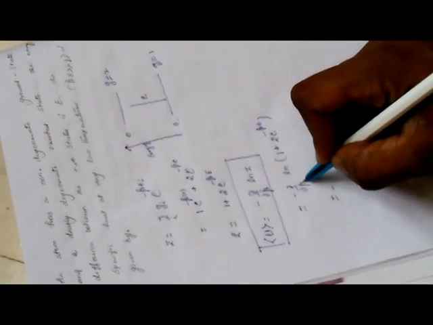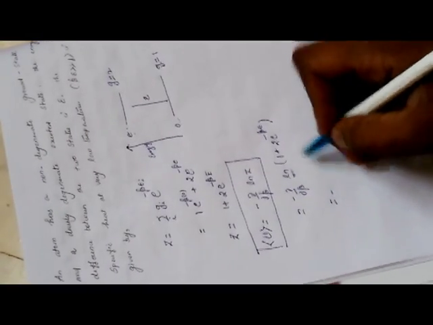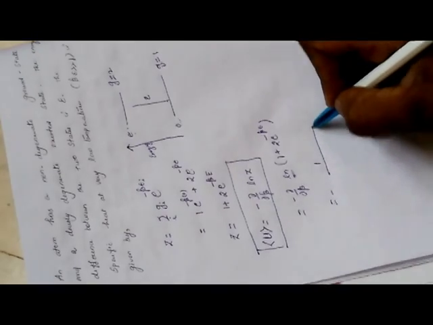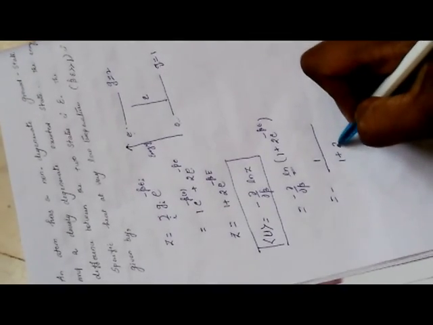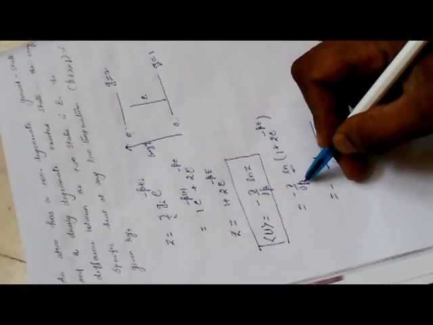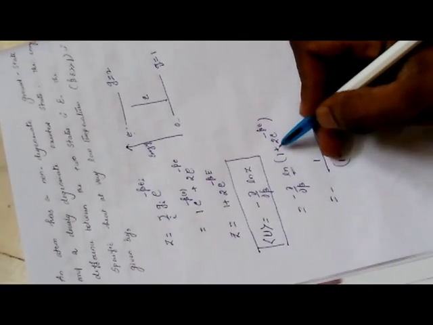Minus dou by dou beta. If you take the derivative of a logarithmic function, it gives 1 divided by that argument, times the derivative of the argument.